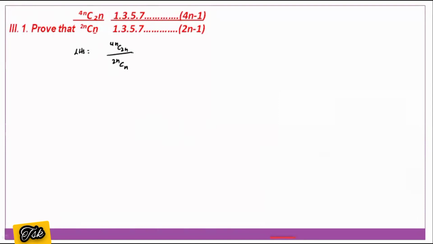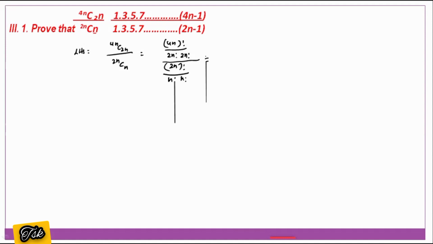NCR, apply the formula. NCR, that is 4n factorial by (4n minus 2n) factorial is 2n factorial into 2n factorial. Similarly, 2n factorial by n factorial into n factorial.